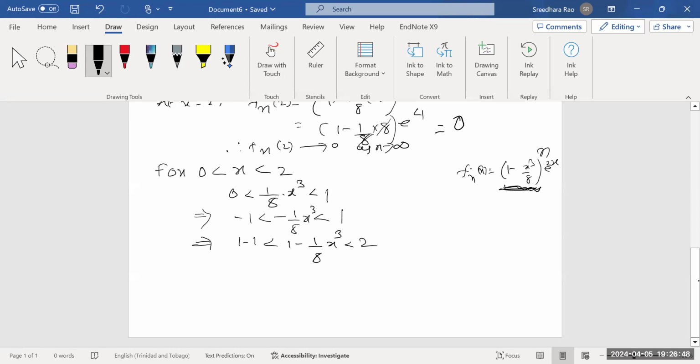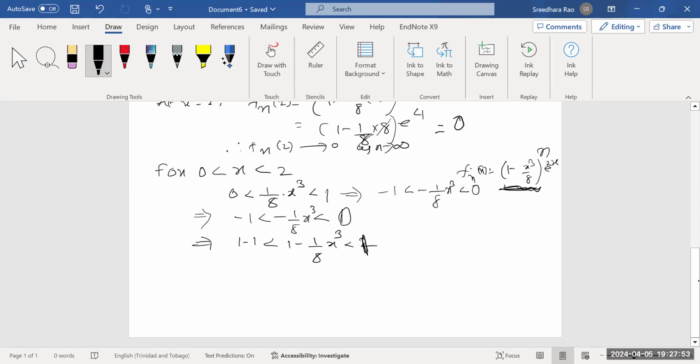You catch my point? When I multiply by the negative, the inequality changes: minus 1 is less than minus 1 over 8 times x cube, which is less than 0, right?